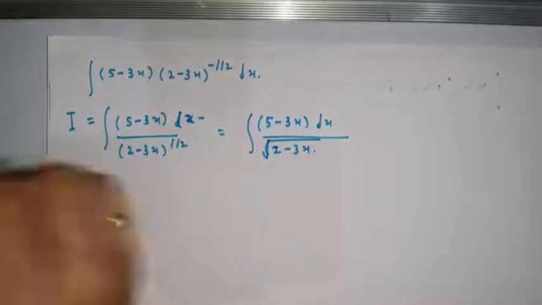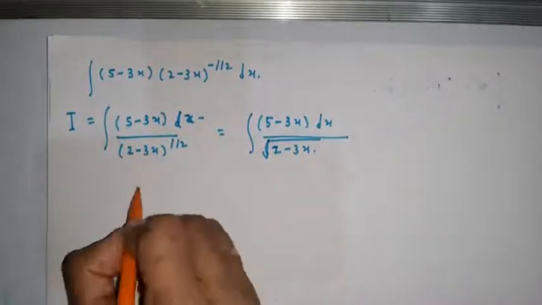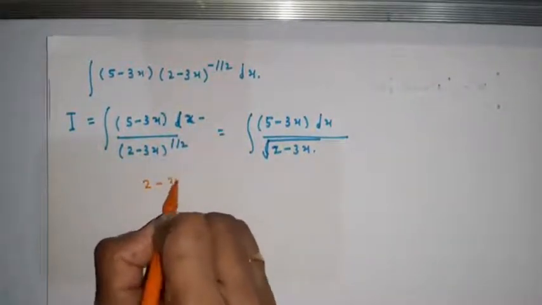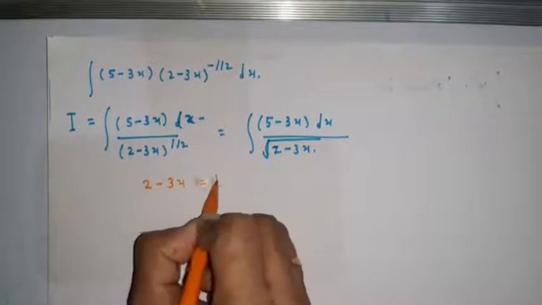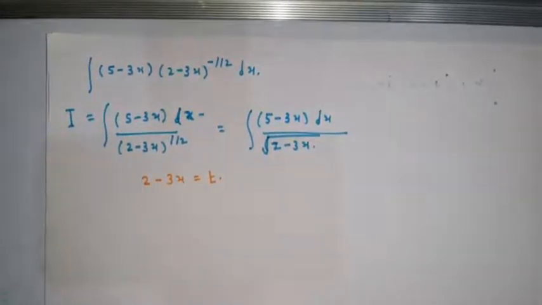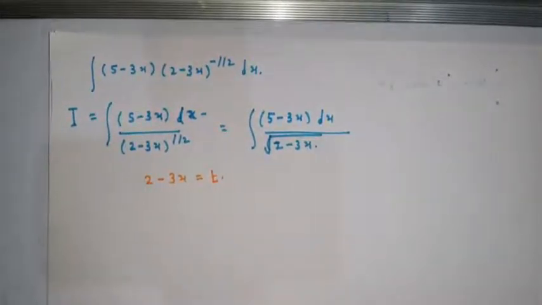Okay, so here put 2 minus 3x equal to t. In this problem, put 2 minus 3x equal to t.